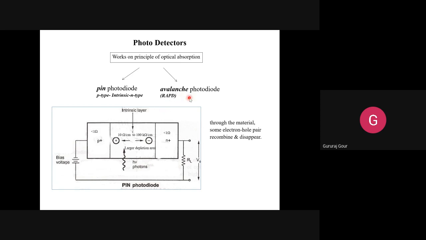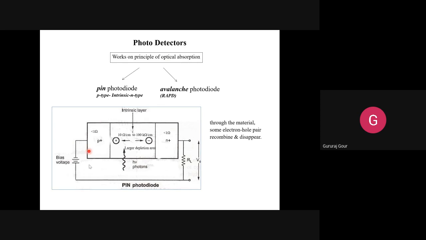Let us see first the structural part of this PIN photodiode. Here you can see I is denoted. First of all, you draw this diagram, and start by telling that a photodetector is a device used at the receiver side for the absorption of photons. Hence, it works on the principle of optical absorption.